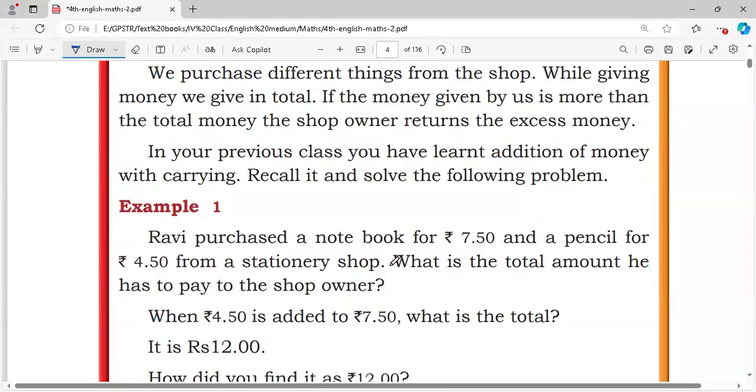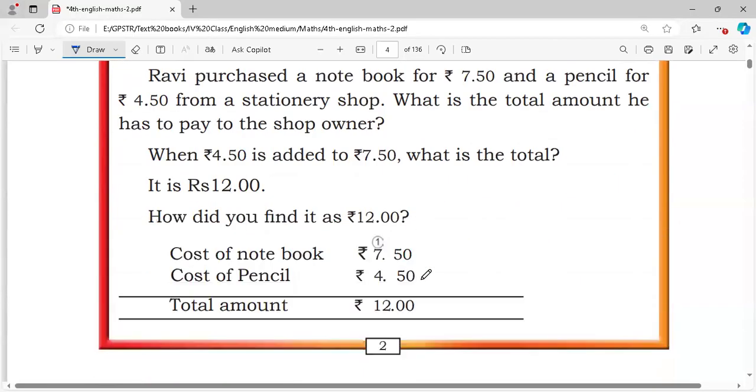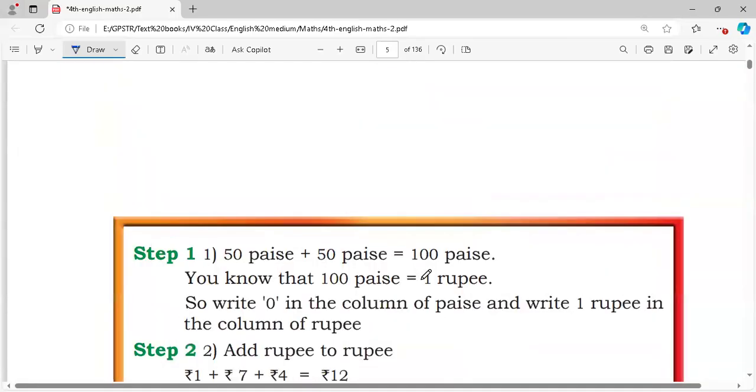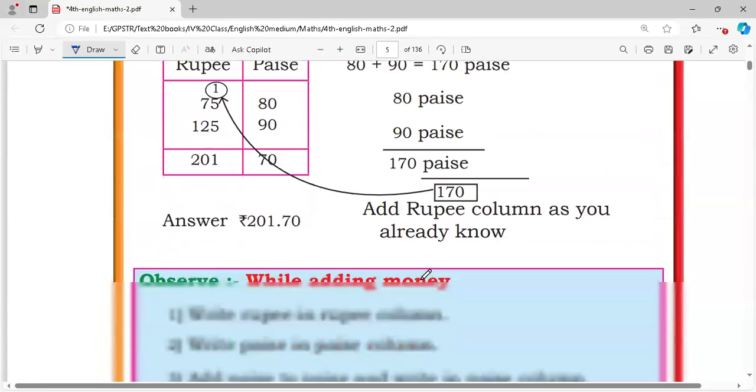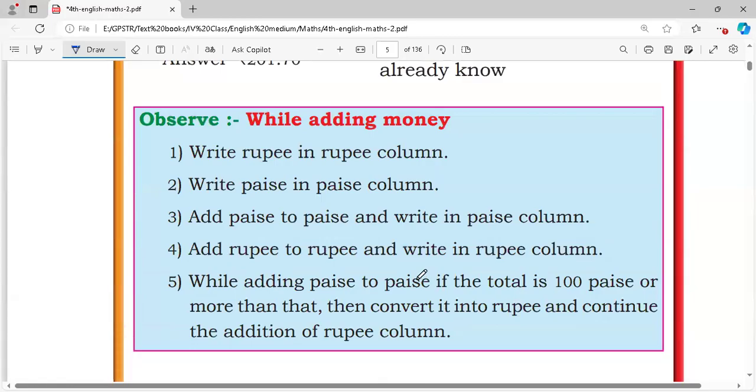Some problems are given. While adding money, observe. First, write rupee in the rupee column. Write paise in the paise column.